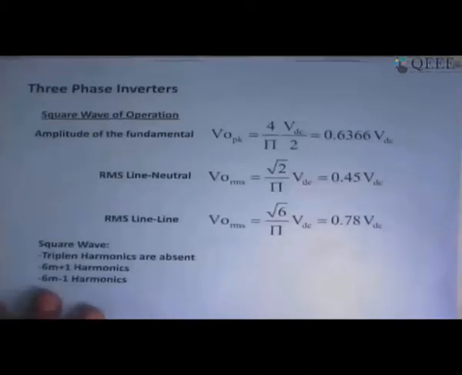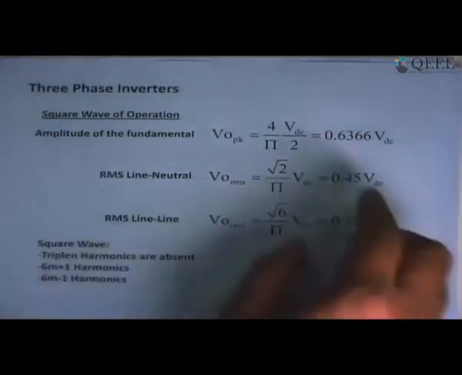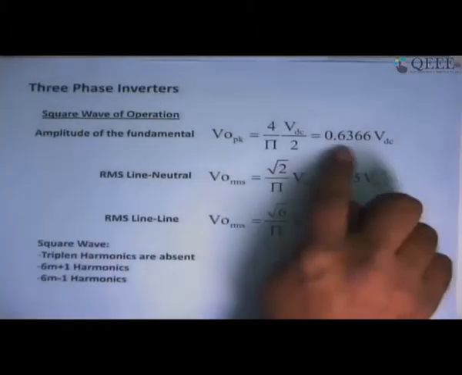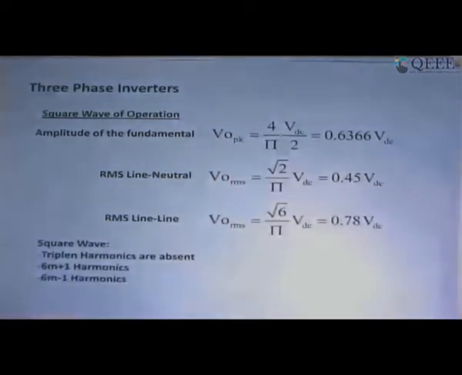If we do square wave modulation, we get the best an inverter can offer in terms of output AC voltage. We have seen that for single phase and three phase, the maximum peak output voltage of the AC will be 0.6366 VDC.